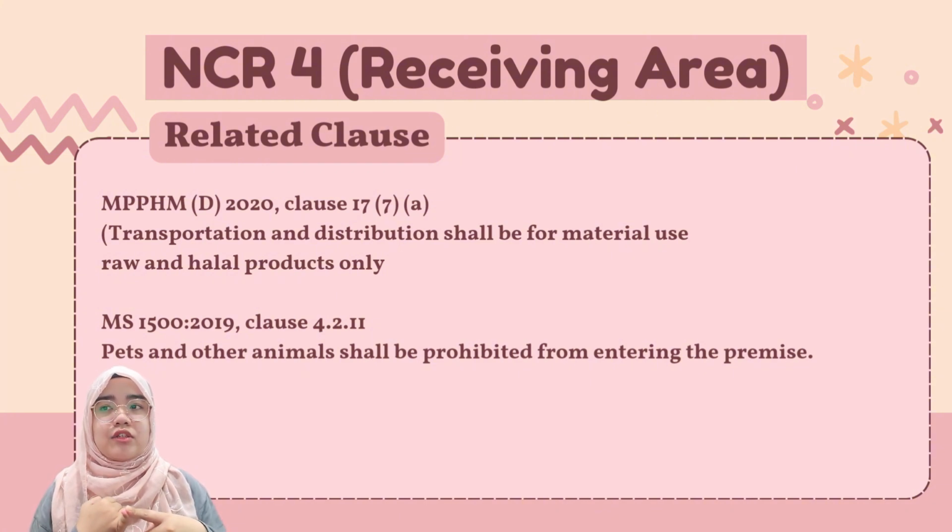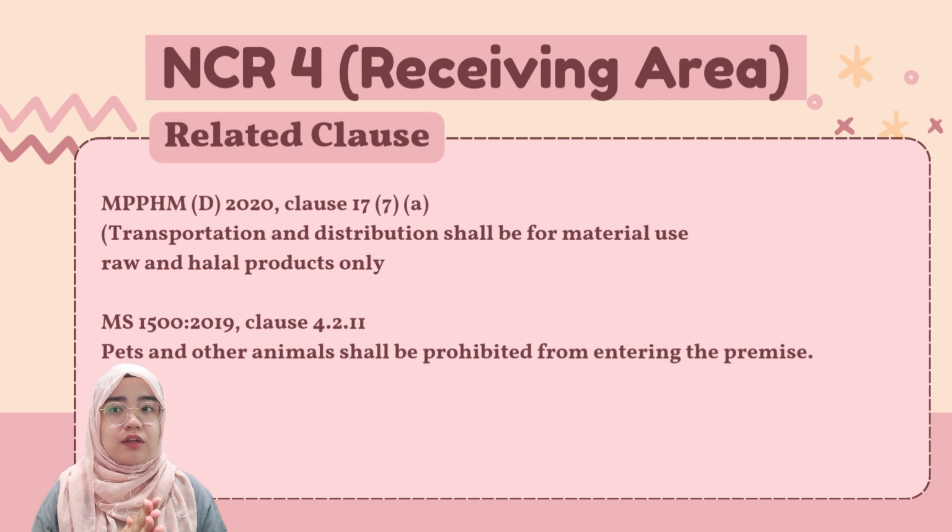It states that transportation and distribution shall be made for raw material and halal product only. It also relates with MS 1500 2019 Clause 4.2.11, which states that pets or other animals shall be prohibited from entering the premise.